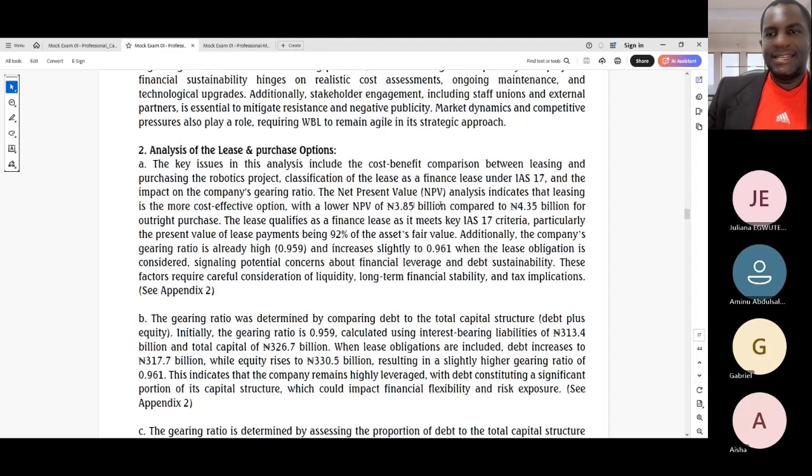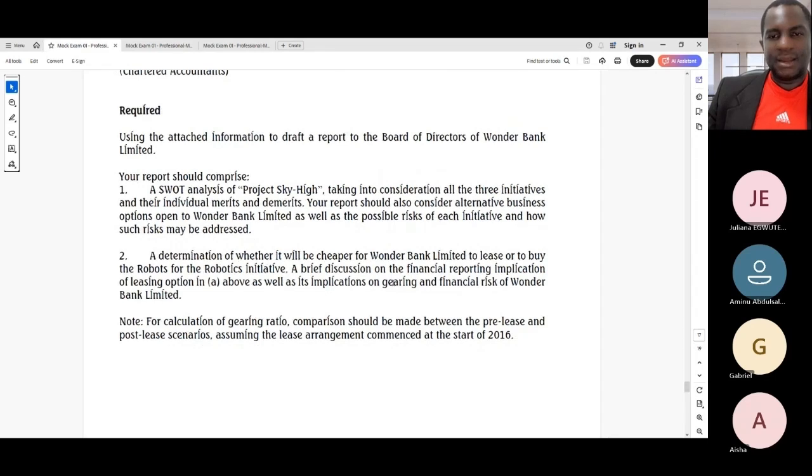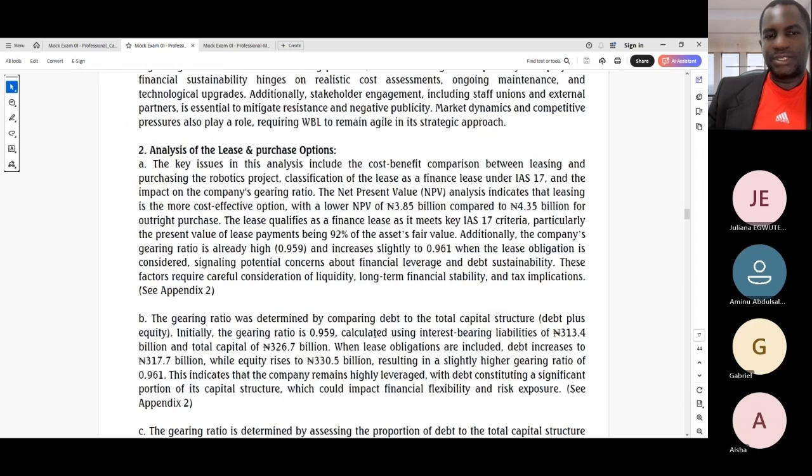So you can see that leasing is better. We said the lease qualifies as a finance lease based on IAS. We just explained that based on what the examiner said, that we should explain the lease option here. So we just spoke to that in this first point. We also said the payments is about 92% on the gearing ratio. So this first point, we just incorporated what we did in the appendices. Let's talk about it in summary. Then you say see appendix.